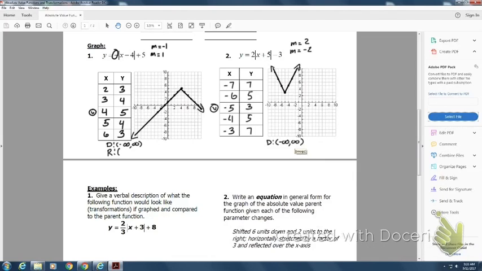Which graph? The first one. What is the highest y value? 5. Is it equal to 5? Yes. Josh, what would the range on the second one be? 3 to infinity.